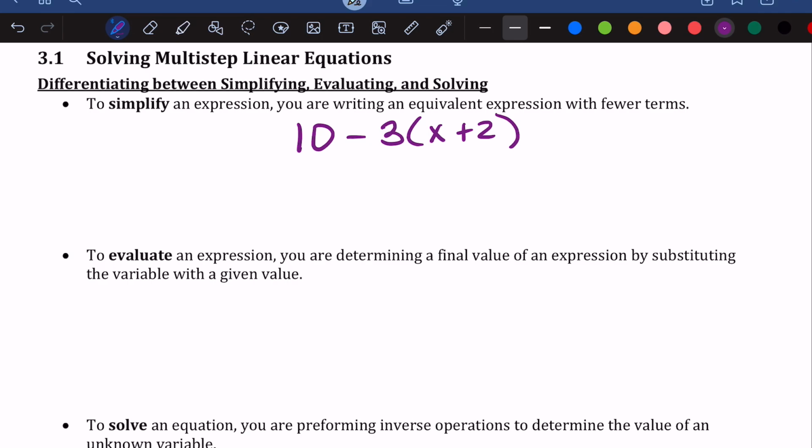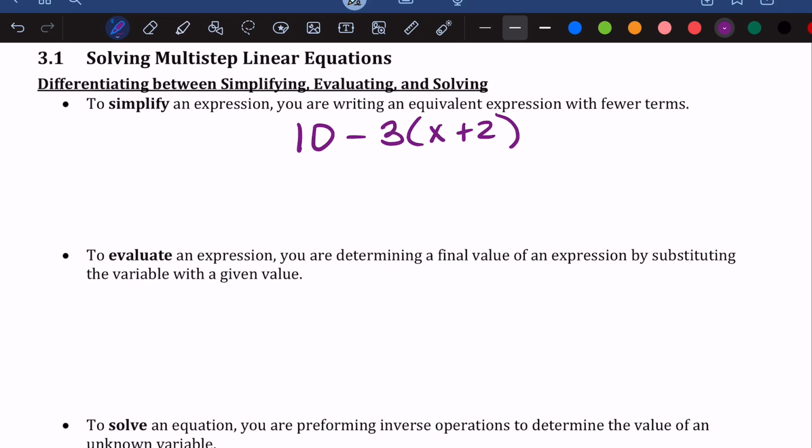So the first expression I have written here, we're going to simplify it. And just to review, simplifying is when we want to rewrite an expression in an equivalent way, but with fewer terms. And we're going to use the different properties of equality and identities to do that.